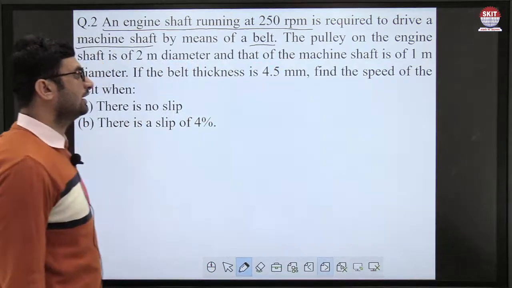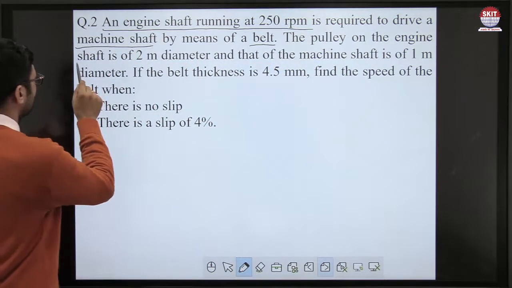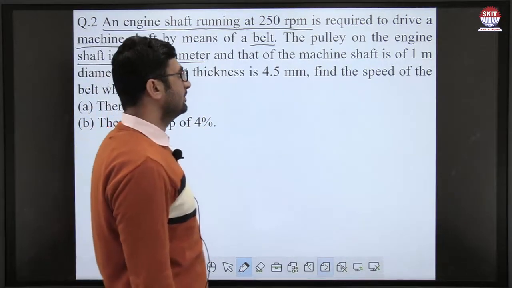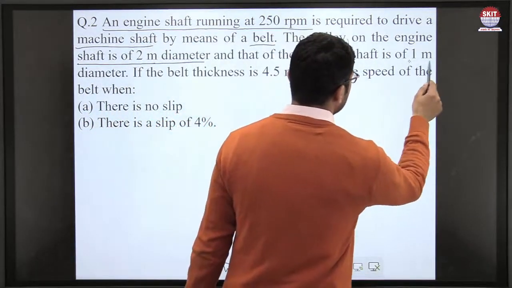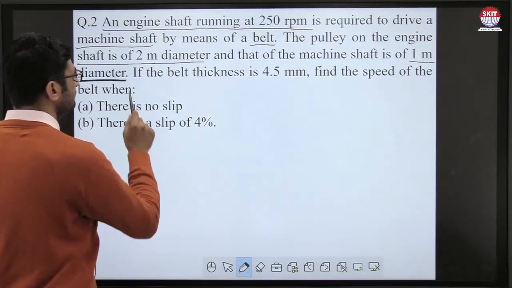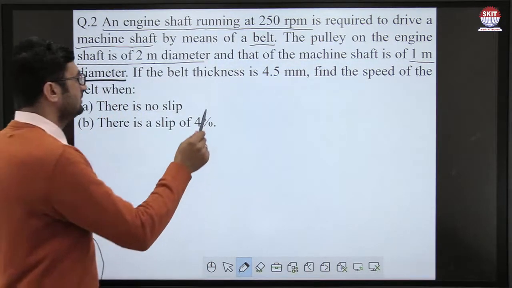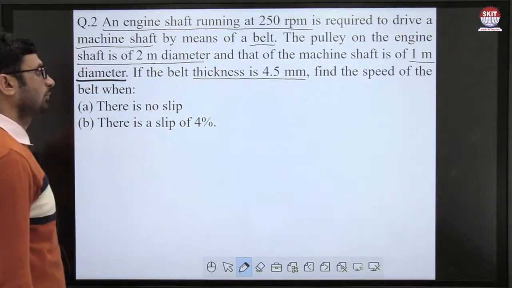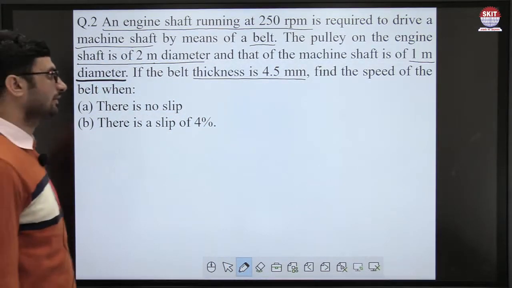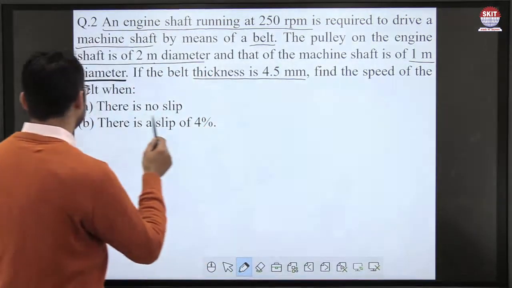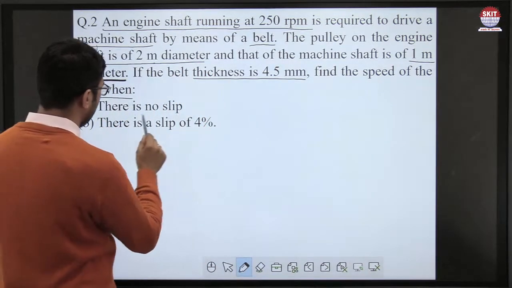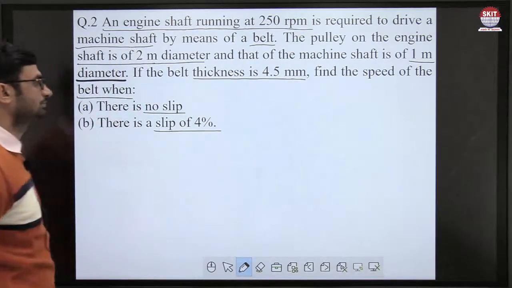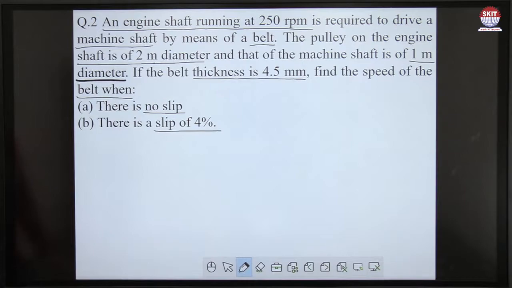The pulley on the engine shaft is 2 meter diameter, and that of the machine shaft is 1 meter diameter. If the belt thickness is 4.5 millimeter, find the speed of the belt when there is no slip and when there is a slip of 4%.